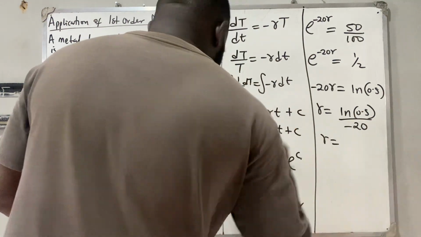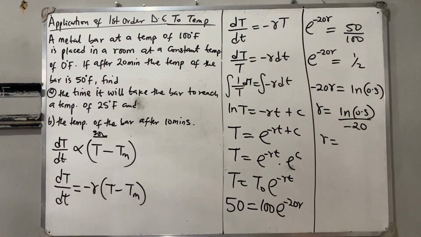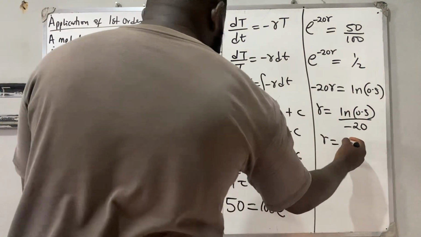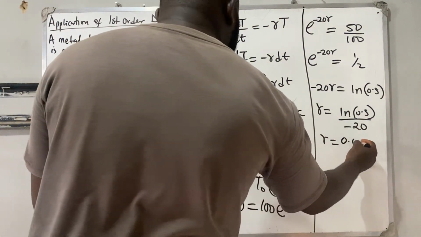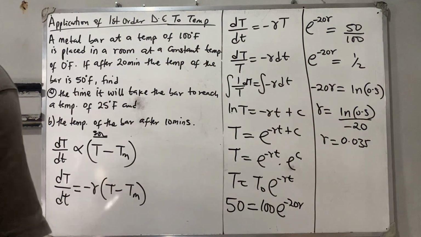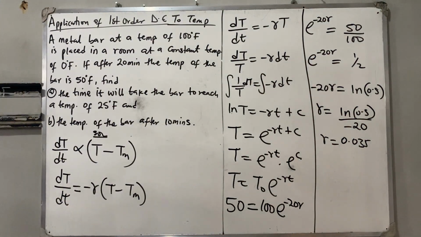So R, if you do that, press your calculator to have that the rate here becomes, what's the rate here? If you do everything there, you are going to see that the rate becomes 0.035, because ln 0.5 is giving us negative.